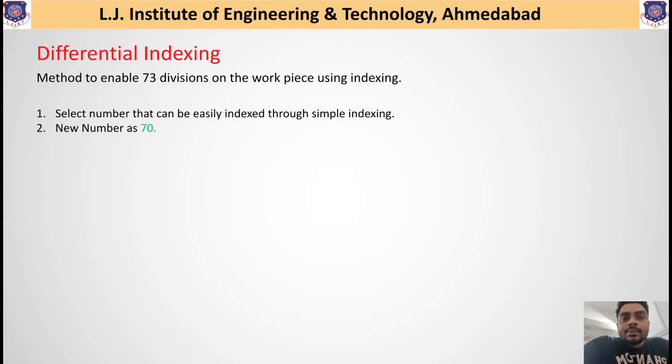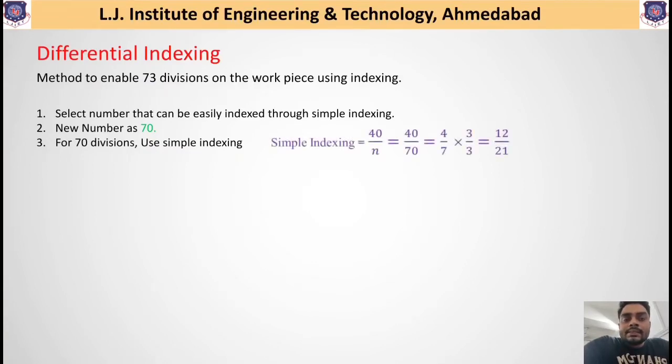Now the next step is to use the simple equation which is used in simple indexing. The equation that we know is 40 divided by n, where n is the number of divisions required on the workpiece.